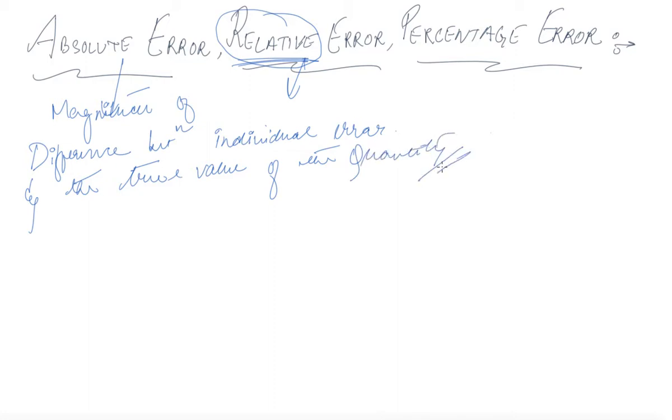Just by giving this definition, it is still not clear. So we have to take an example. What is absolute error?